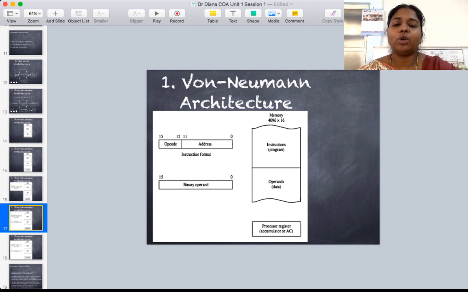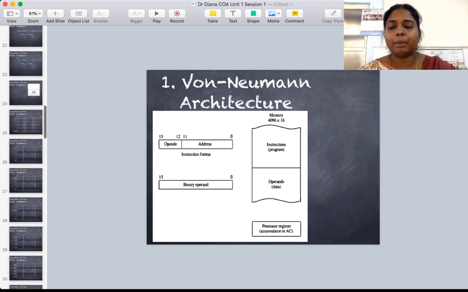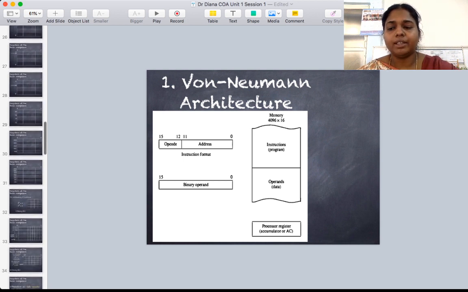Following that are the 12 bits of address, which specify the data to be operated upon. Any data that is stored in the memory is 16 bits, and this data can be read from the memory into the processor register called the accumulator.